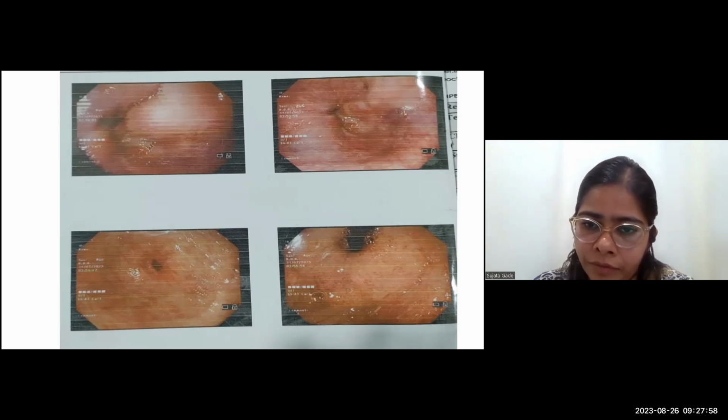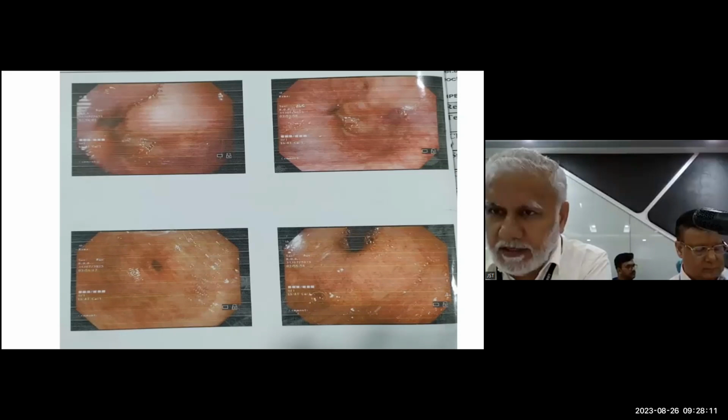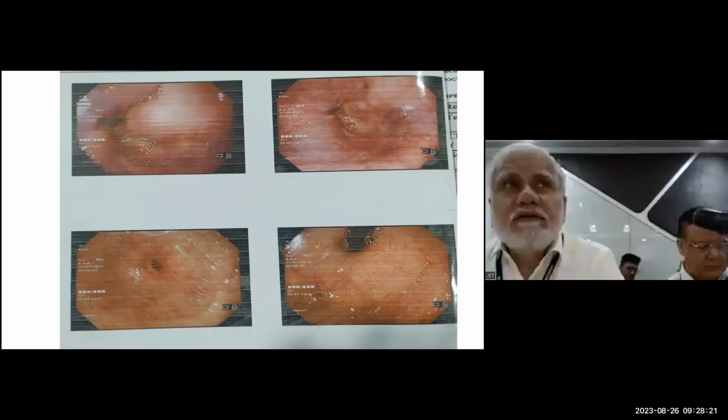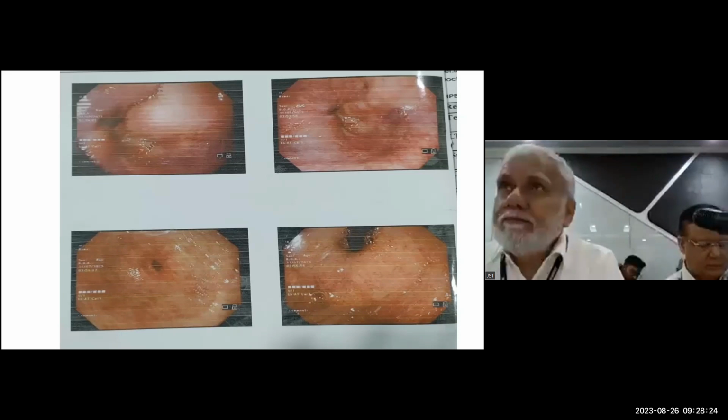In ECF, we give 3 cycles as neoadjuvant, followed by surgery, and then 3 cycles as an adjuvant chemotherapy. Yeah. So both these regimes are perioperative. You give 3 or 4 cycles before surgery, then you operate, and then you give the remaining 3 or 4 cycles after surgery. Now you said that you will give 3 cycles of ECF and reevaluate with a PET scan.